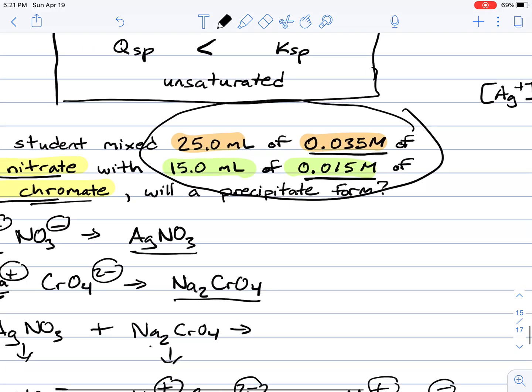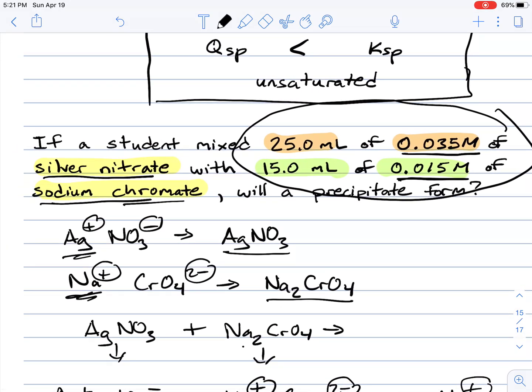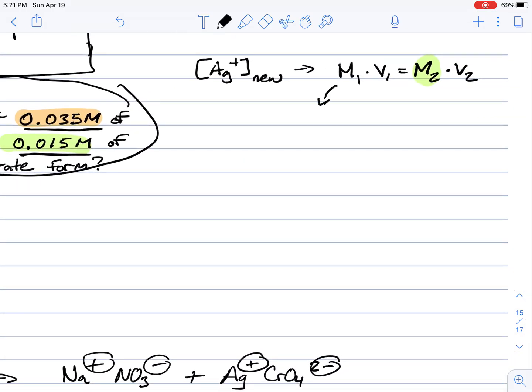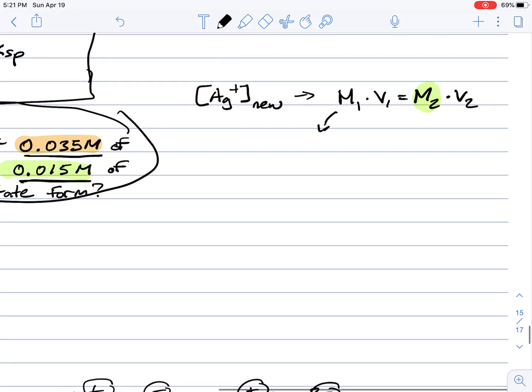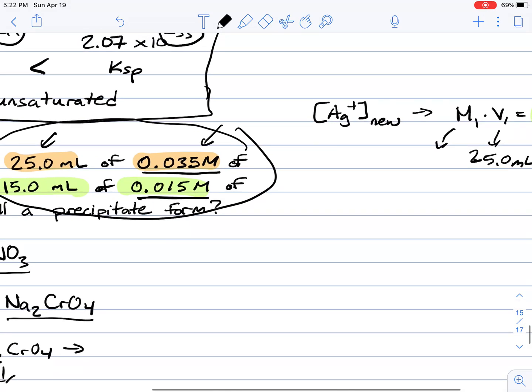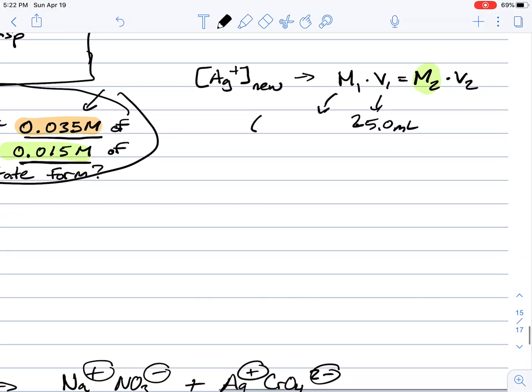Now, the initial volume for silver nitrate is 25 mL. And you guys don't need to convert milliliters to liters when you're using the dilution equation. So I have 25.0 mL, and then we're going to multiply that by the original concentration, which is 0.035.